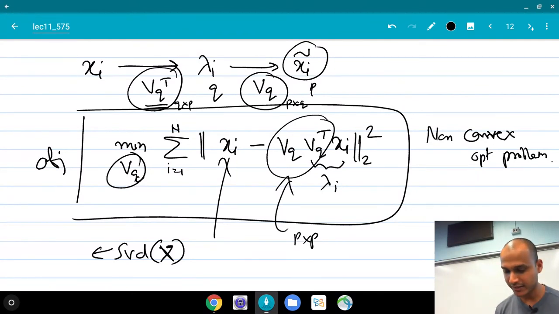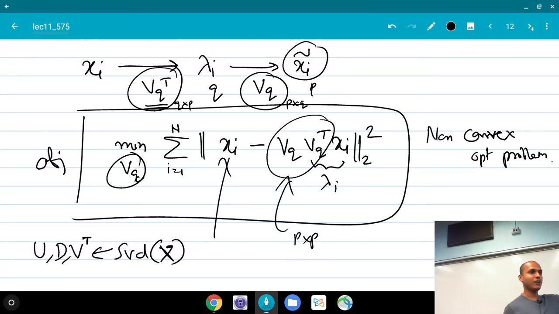If you call SVD on this X, you get a bunch of matrices: U, D, and V transpose. You input one matrix, call this function SVD, and it's an efficient, polynomial time way to compute these three matrices. There is no issue with non-convexity and all that. This V here gives you the solution for that optimization problem. That's a miraculous thing.